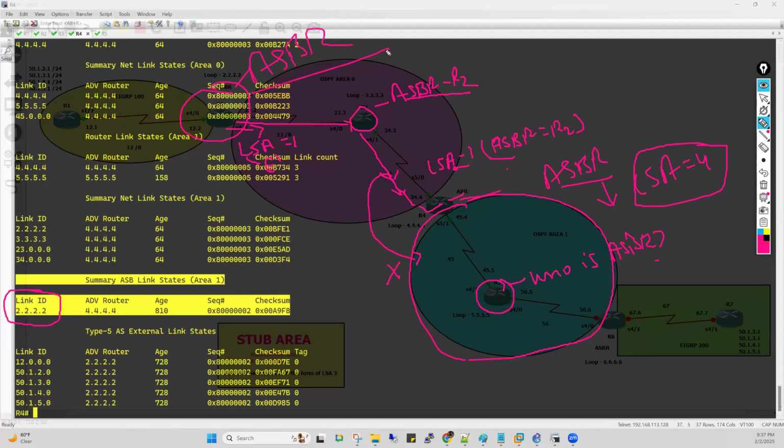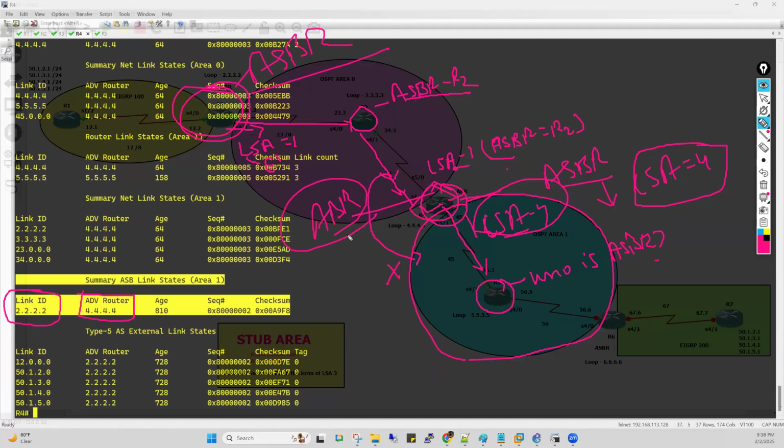So this router is generating LSA number 4, and with the help of LSA number 4, this router is informing all the other routers about the ASBR. Now my question is, your interviewer will ask you, tell me who will generate LSA number 4. Answer: who is generating? Router 4. This router is the ABR router.